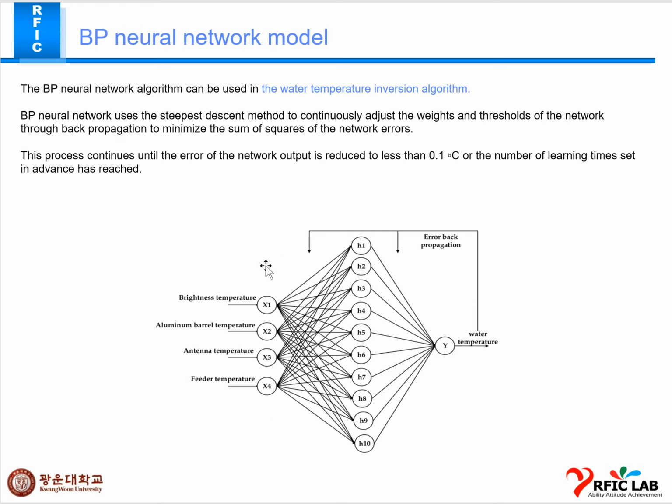As you can see, we have layers for brightness temperature, aluminum barrel temperature, antenna, and feeder, and then hidden nodes from H1 to H10. Then the physical temperature is obtained. If there is any error, we have to go back through error back propagation. This BP network uses the error back propagation method.